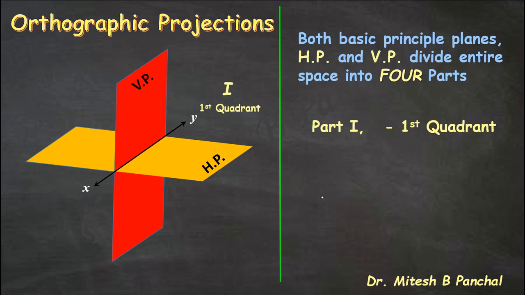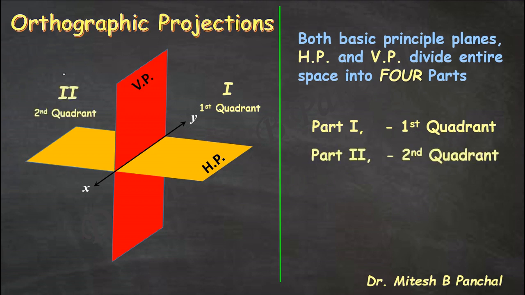Part 1 is the right top corner, that is defined as part 1, also known as the first quadrant. Part 2 is the left top corner, that is also defined as the second quadrant.